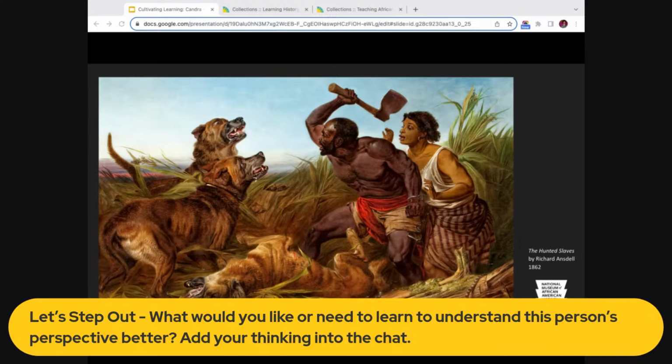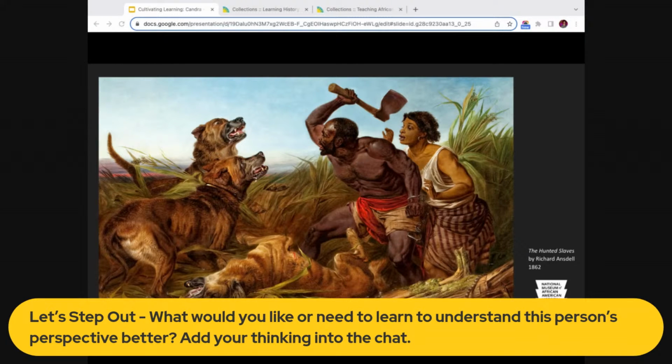If you were to use this with a group of students, the dogs in the painting are often a point of conversation. I think it's an opportunity to talk about the different ways in which enslaved people were oppressed, different tactics that were used to keep them from leaving, from escaping, to bring them back.